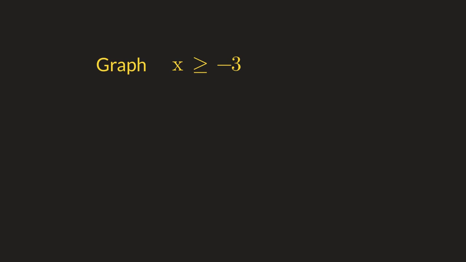No. X represents all numbers. So right here, if we read this from x to the number, what is this describing? X is greater than or equal to negative 3.